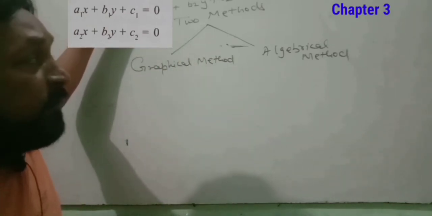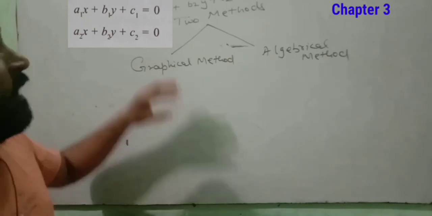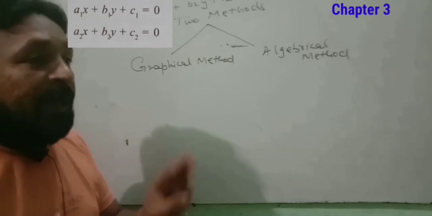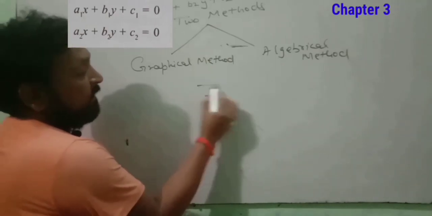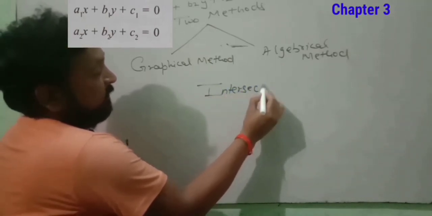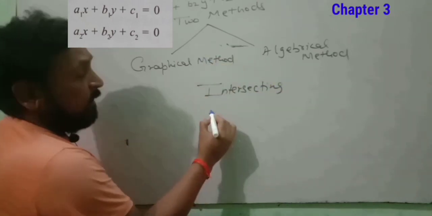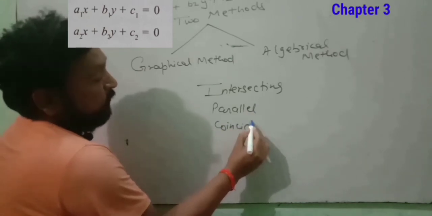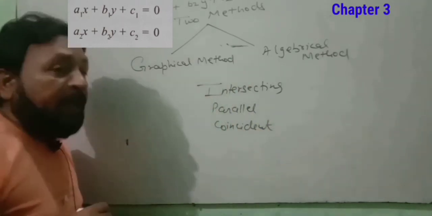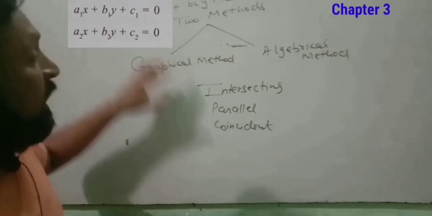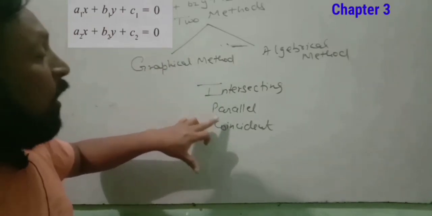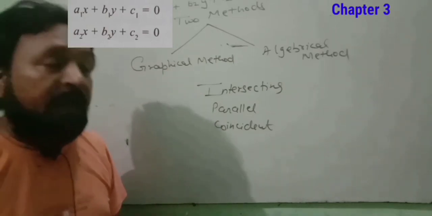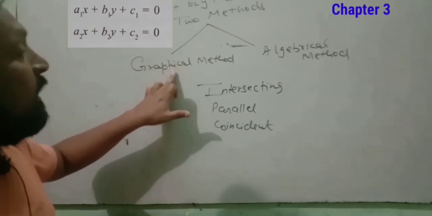Whenever we draw the lines of both equations on the same graph paper, three cases will arise: either they will be intersecting lines, or parallel, or coincident. When we find out whether these pair of lines are intersecting, parallel or coincident by using the graph paper, that method is called the graphical method.